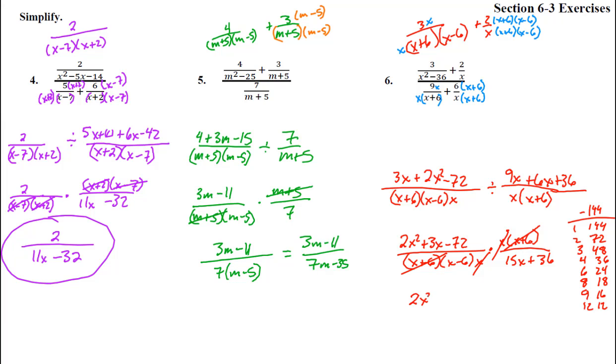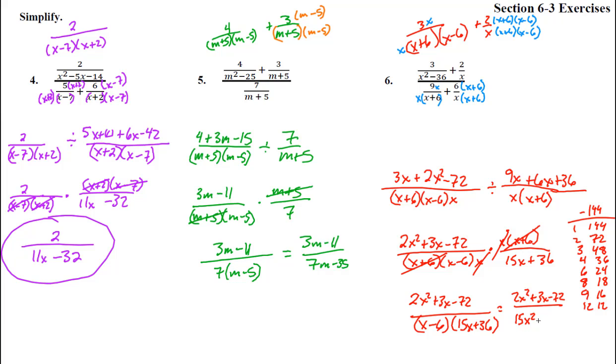So 2x squared plus 3x minus 72 over x minus 6, 15x plus 36. And you could leave it like this, or you could go ahead and multiply this out, 2x squared plus 3x minus 72 over 15x squared plus 36x minus 90x minus 216. 15 times 6 is 90.